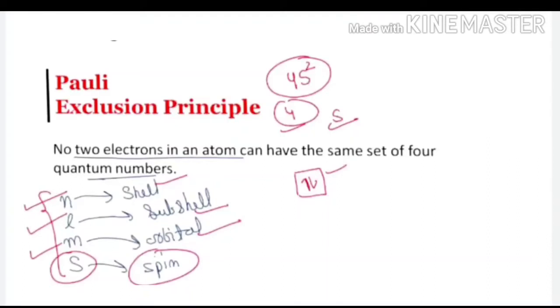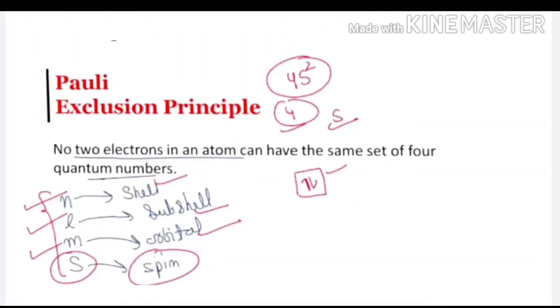Suppose the value of n, the principal quantum number, is 3. The value of the azimuthal quantum number, that is l, is 0, and the value of the magnetic quantum number is 0, and the value of the spin quantum number, which we denote by s, will be plus 1 by 2.